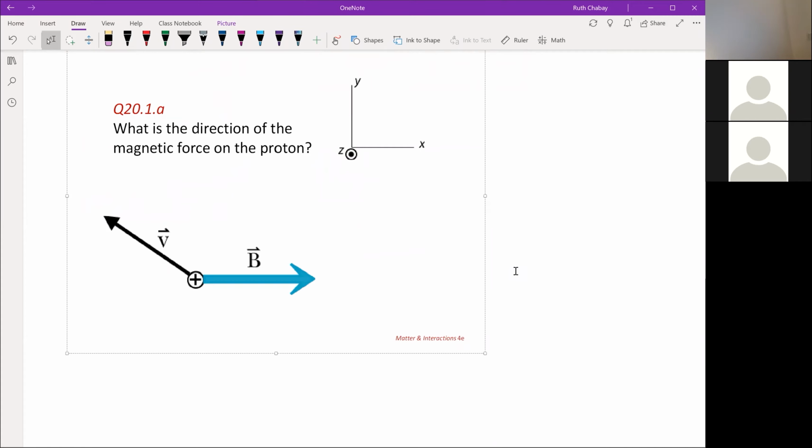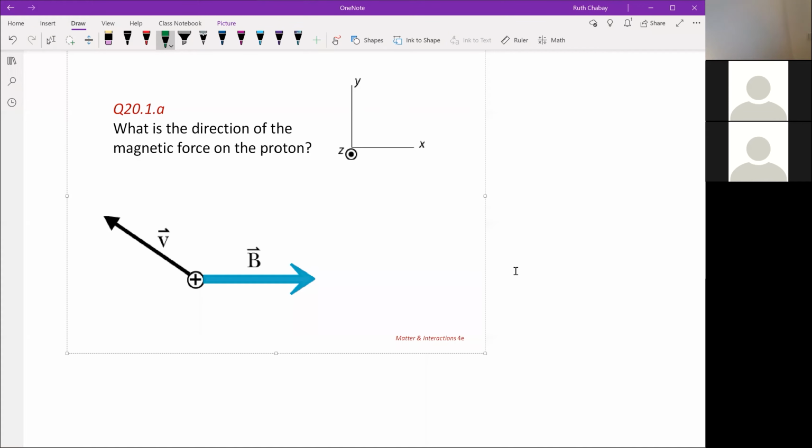The direction of the proton's motion is given by the vector v. In this region, there's a magnetic field shown by the cyan arrow. So that's vector B. How do we figure out the direction of the magnetic force on the proton? Take a minute and think about this and see if you can figure it out, and then we'll work through it together.